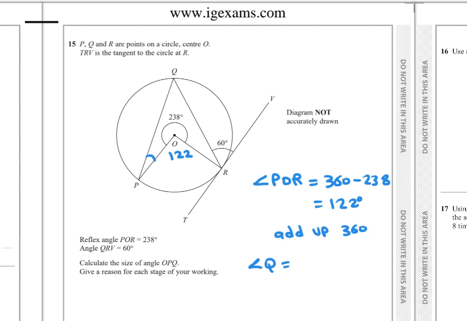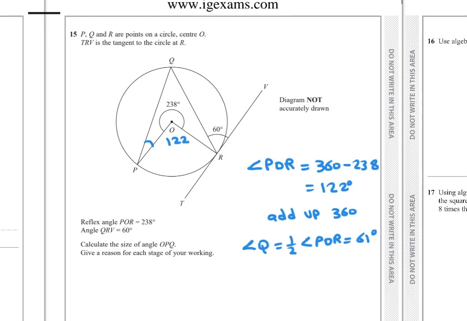So angle Q equals half angle BOR, so equals 61, because the circumference angle equals half the central angle. So now this angle is 61. Now because OR is a radius and TV is a tangent, the angle ORV is 90.